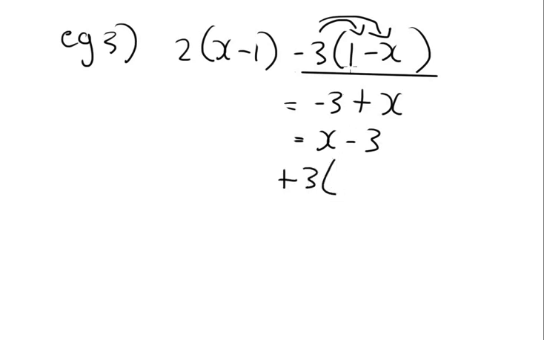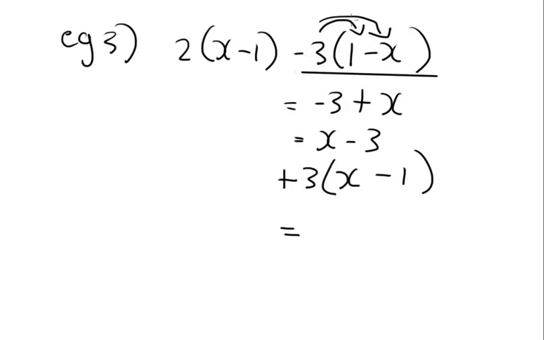What you're going to notice now is that I'm allowed to change both of these signs, and I'm allowed to swap them around. So that negative x becomes a positive x, and the positive 1 becomes a negative 1. You see that? Why? Because remember I've got x minus 1 there, so I'd like x minus 1 over here. When I multiply this out now, I made one mistake earlier.